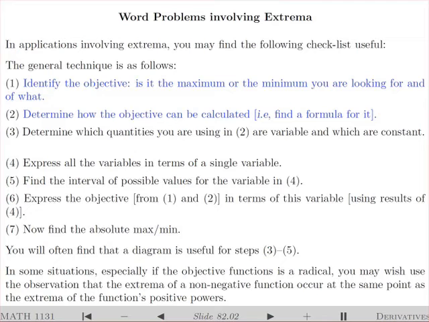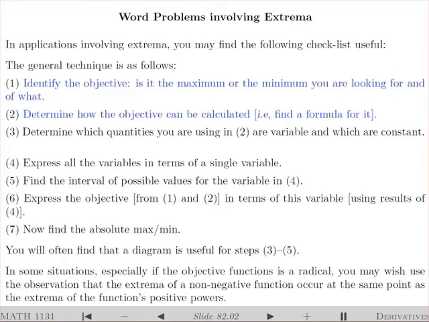Now, this formula, or whatever quantity we're trying to calculate, will be calculated based on certain other quantities which are variable. Not all of them might be variable in a given instance. It is also possible that some of them are related, or in the given context they are related.